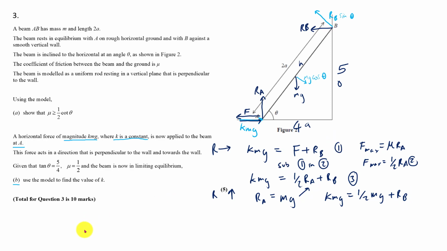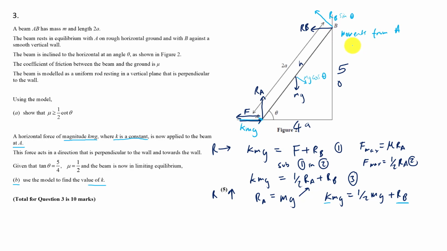Now what we haven't done is take our moments, and we're going to use our moments to get a term in terms of RB, so that we can find the value of k here. So let's do our moments up here for space. So moments from A, you could do it from B as well, but you get a slightly different working out, but the same answer.